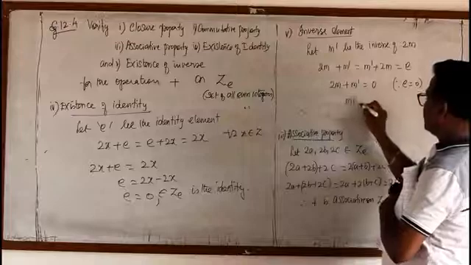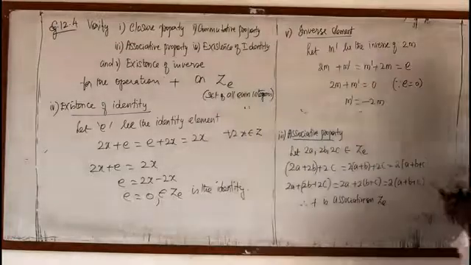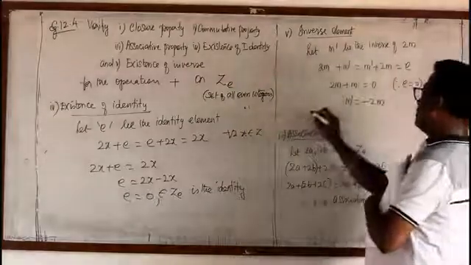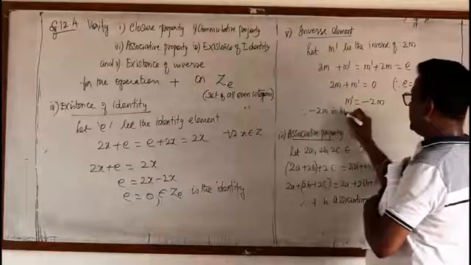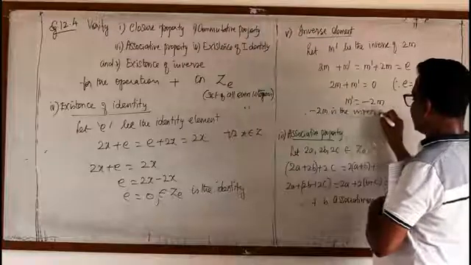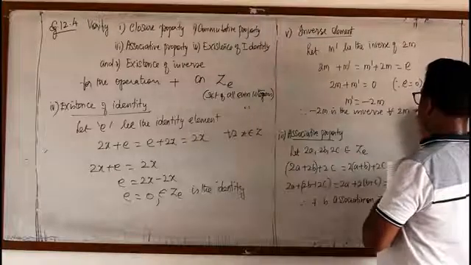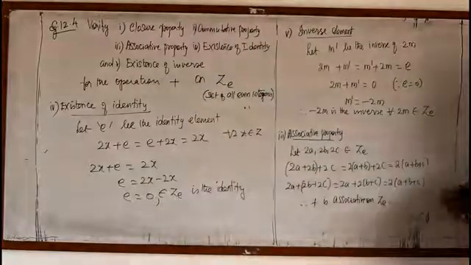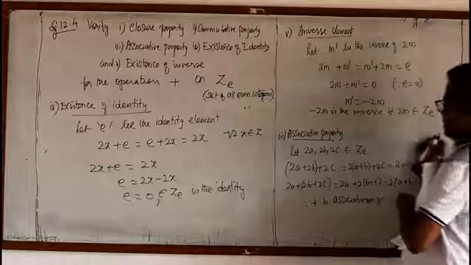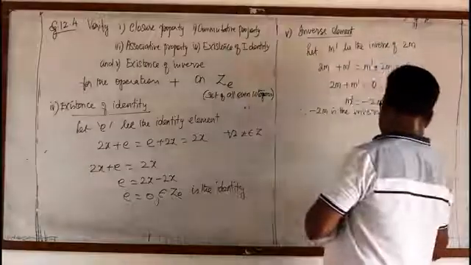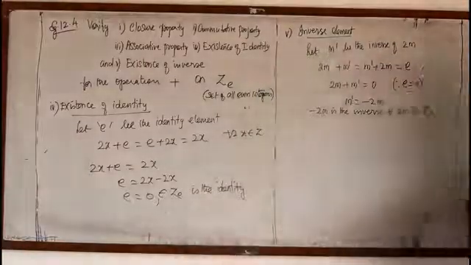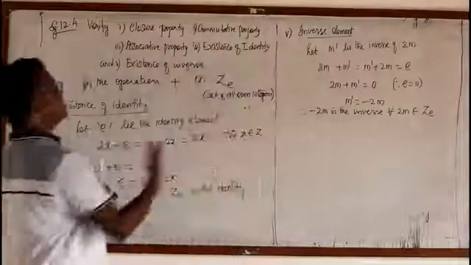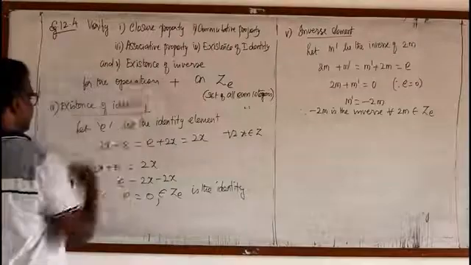Then m dash is minus 2m. Remember, if it is addition, the negative number is the inverse. Therefore, minus 2m is the inverse for every 2m belonging to ZE. Therefore, inverse exists in this set of all even integers. So from this what you understood: the set of all even integers obeys closure property, commutative property, associative property, and there is identity and also inverse with respect to addition.